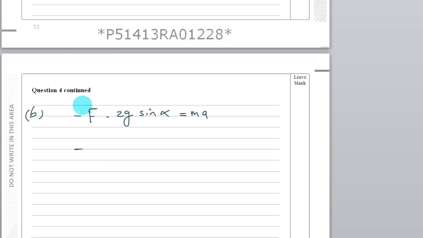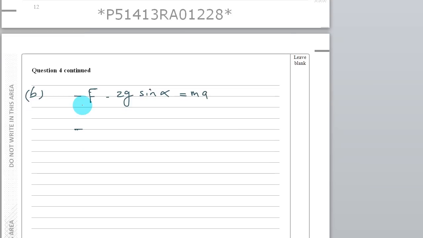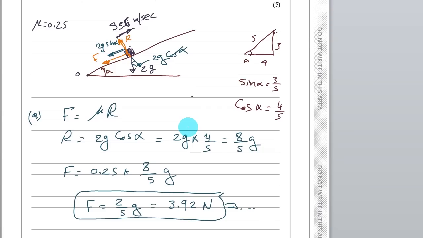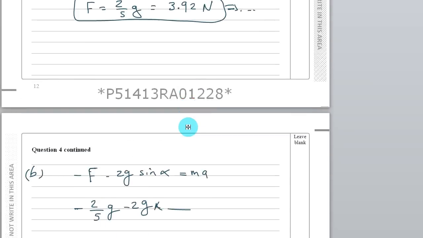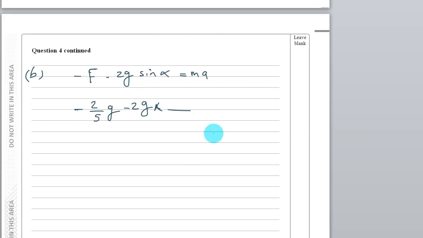Minus F is equal to 2/5 g. So 2/5 g minus 2g multiplied by sine alpha. Sine alpha is 3/5.